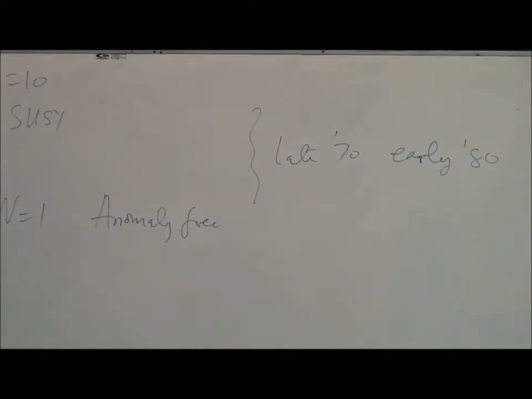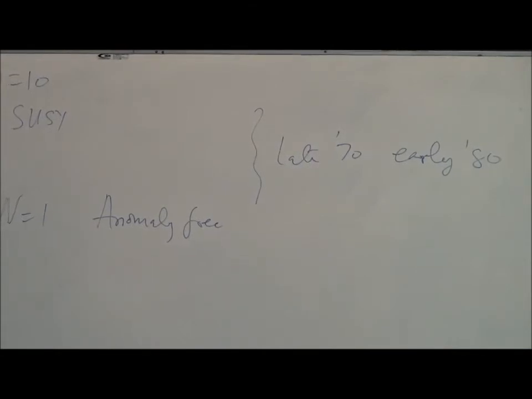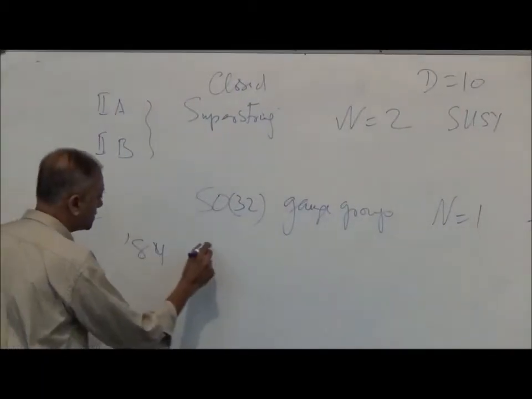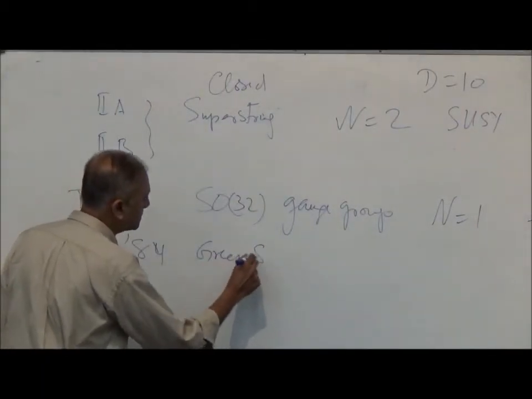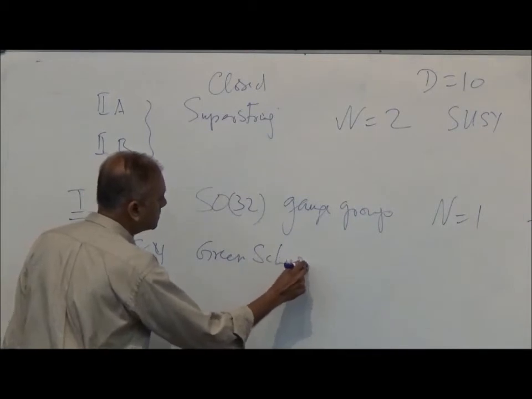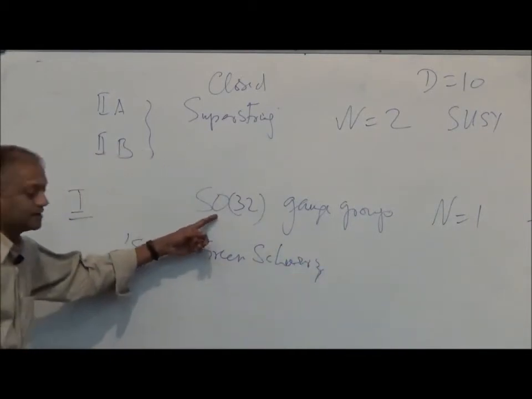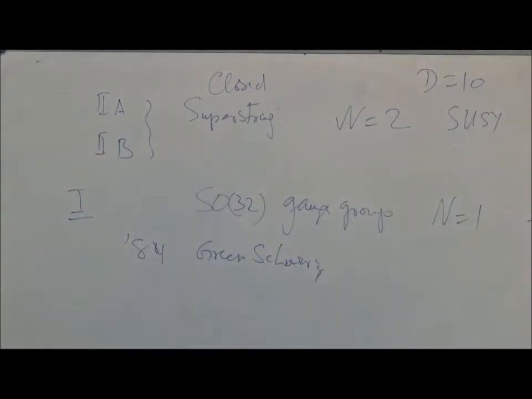In fact, I don't know the exact date, but probably it was 84, when the famous paper of Green and Schwarz came. They showed that for SO(32) there is no anomaly, but in fact they also found another solution. It was not just SO(32).